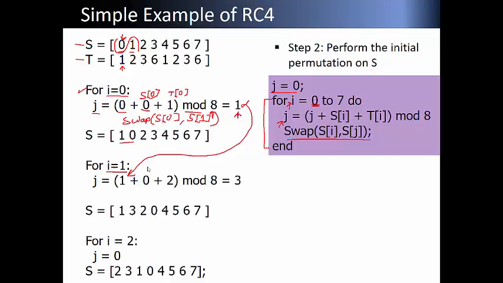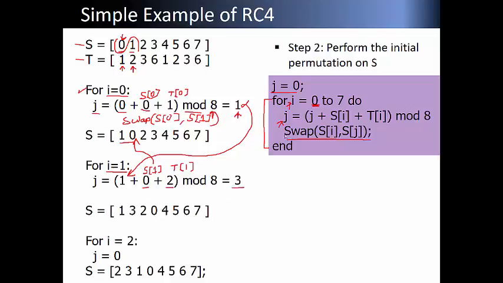This is S of 1, and this is T of 1. S of 1, S is changed now, so we need to come back here. What is S of 1? There is a 0. So that is 0. T of 1, T never changes. Still here. T of 1 here is number 2. So number 2 comes here. So altogether 3. So 3 modulo 8 is 3.